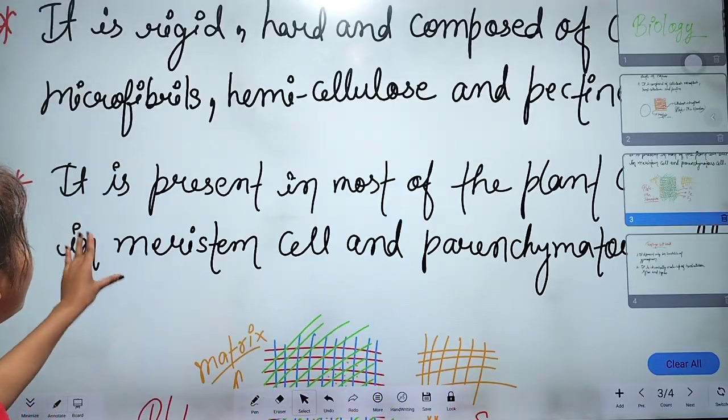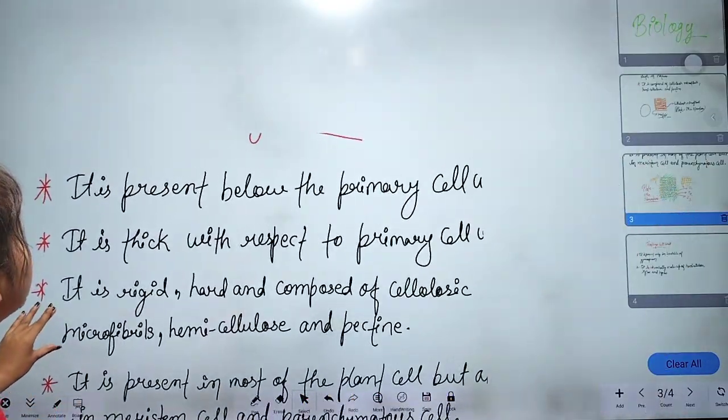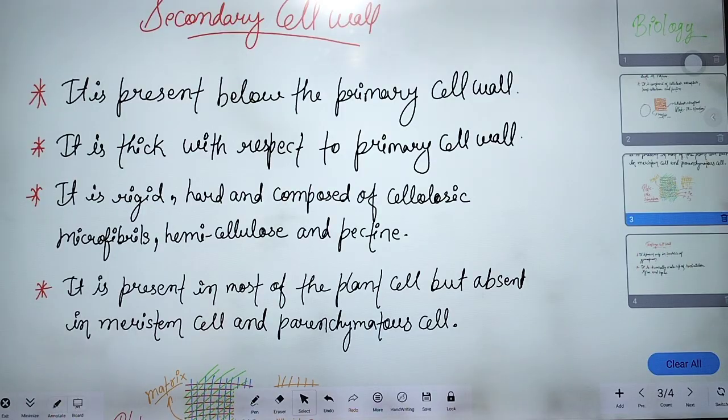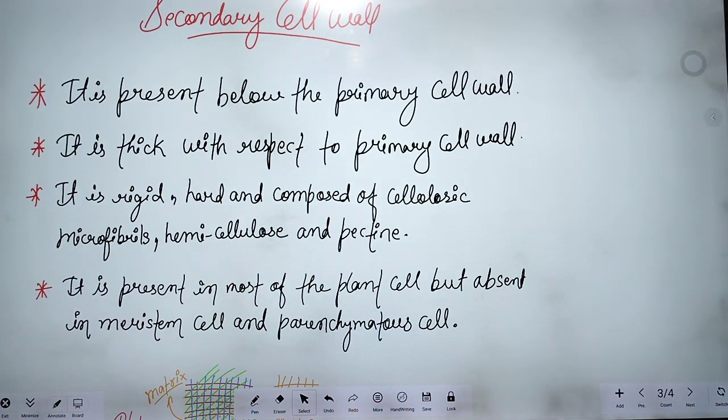After that, here is the secondary cell wall. It is present below the primary cell wall, and it is thick in nature with respect to the primary cell wall. It is very rigid with respect to the primary cell wall. It is rigid, that's why it is non-elastic also, and also because it is hard.